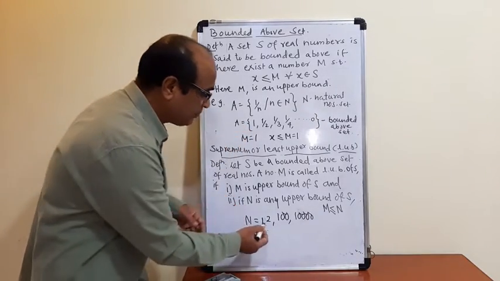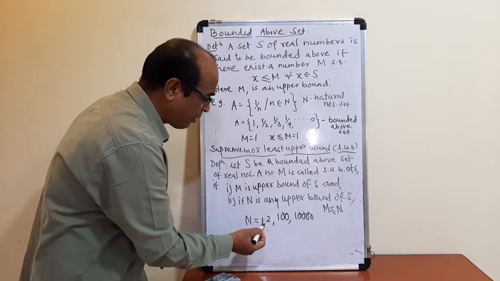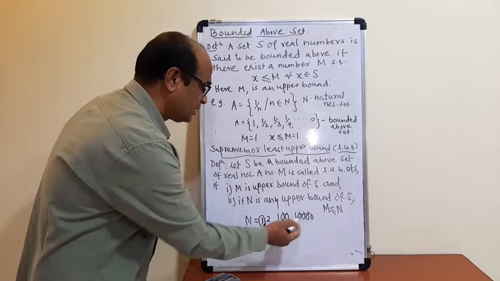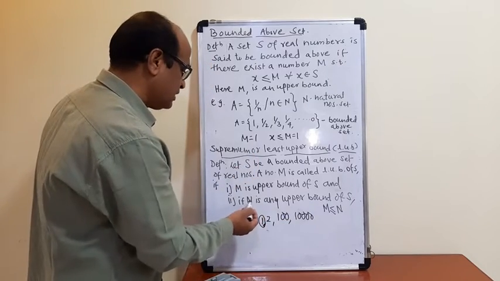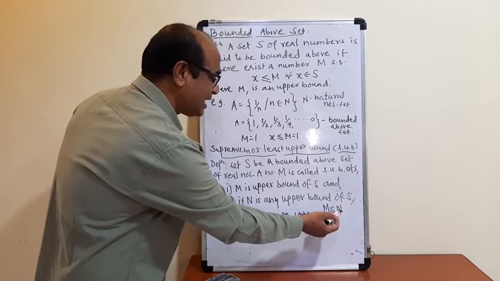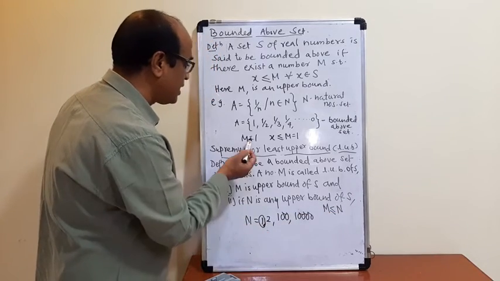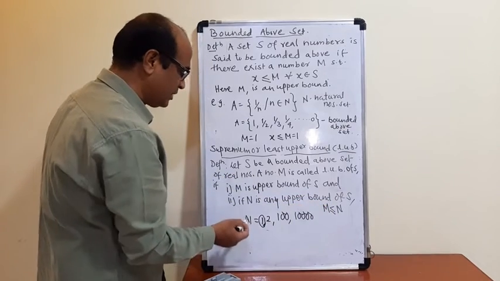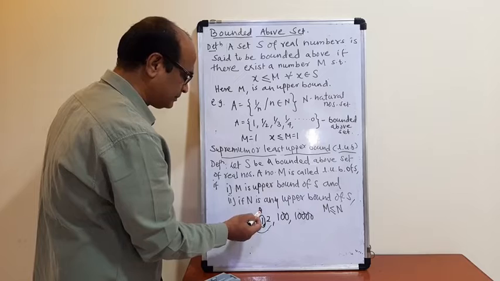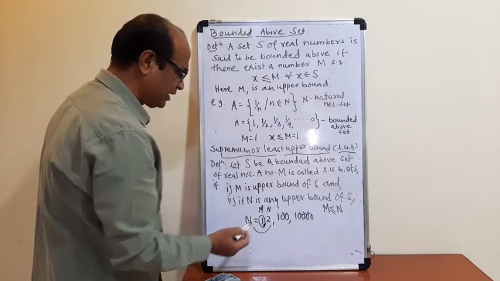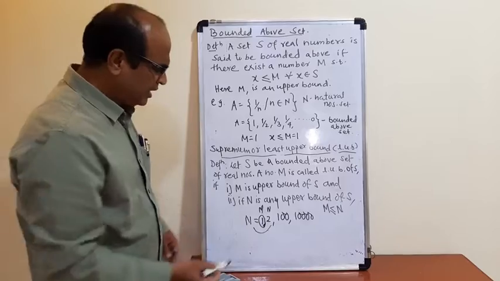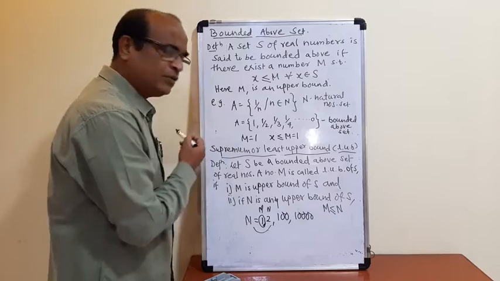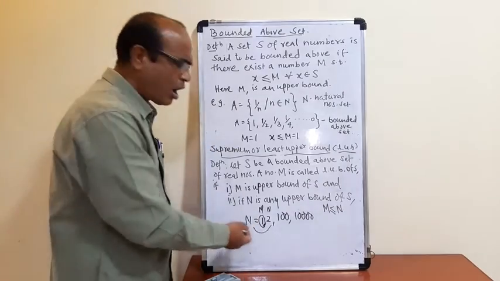What is the minimum of these? The least upper bound of that set is 1. If N is any upper bound, then M is less than or equal to N. So N is 2, M is 1, and M is less than N. So it is not necessary to take those other upper bounds. We take the upper bound 1 only, and this is the least of all upper bounds.